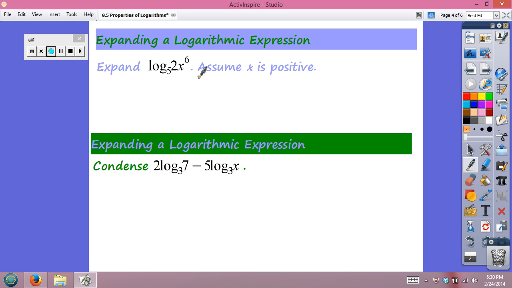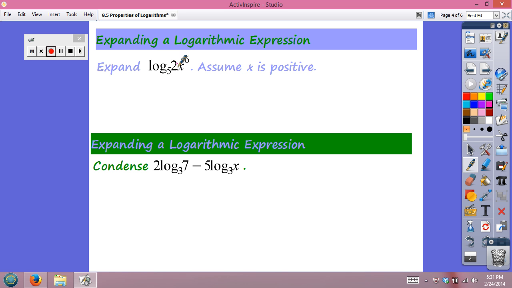Okay, our next slide is learning how to expand and condense our functions. So we want to look at the expression log base 5 of 2x to the 6th. And what we want to do is figure out how we're going to use our properties to evaluate this or to expand it as far as we possibly can. So there's two things we can do.